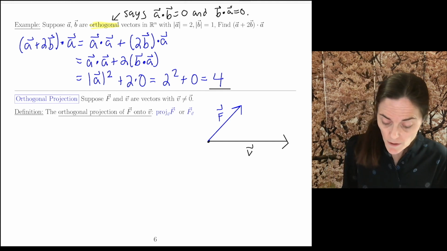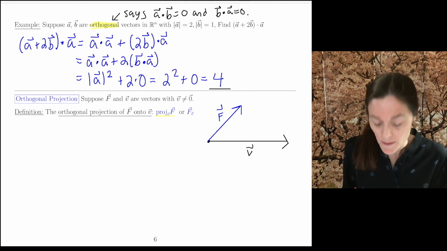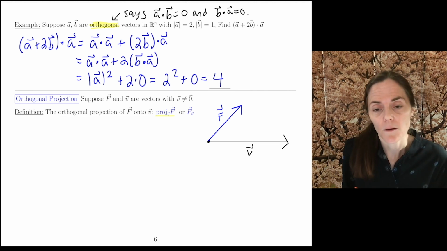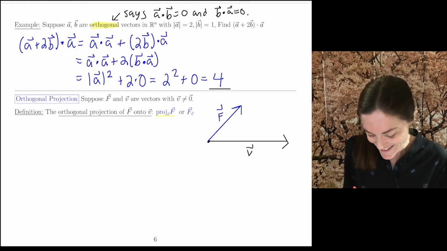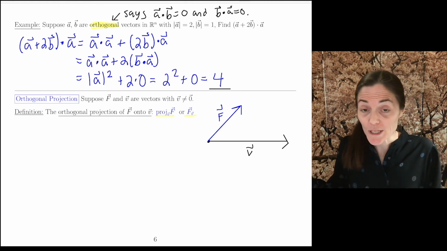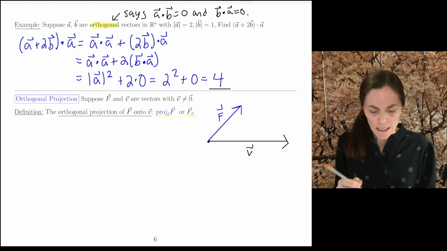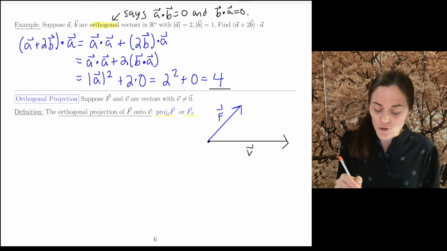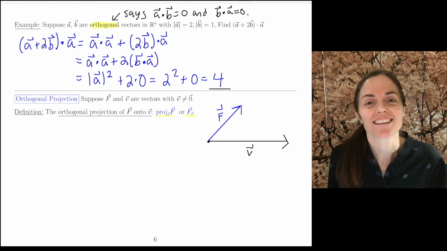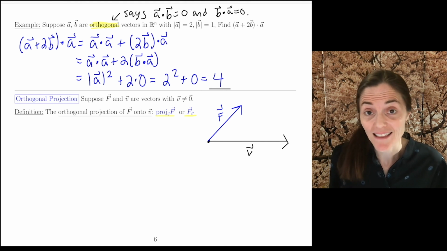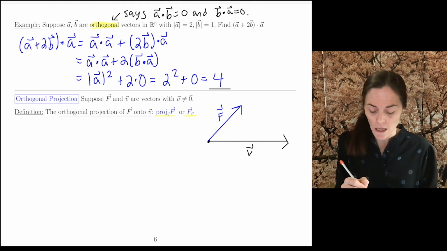It has two different notations. You will see it written this way, or you will see it written this way, f sub v. You are projecting onto v, okay? Now, what is it? I can draw in the picture, and from the picture and properties of the dot product, we can figure out the exact formula for the projection. Here's what I'm going to do.